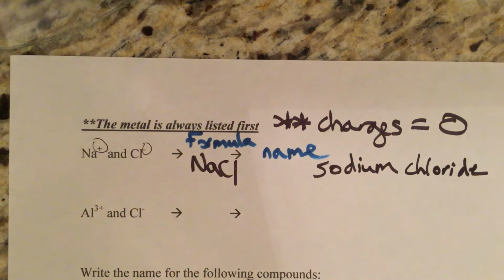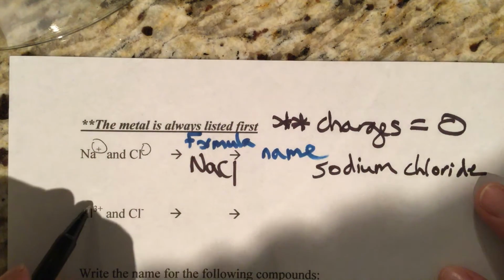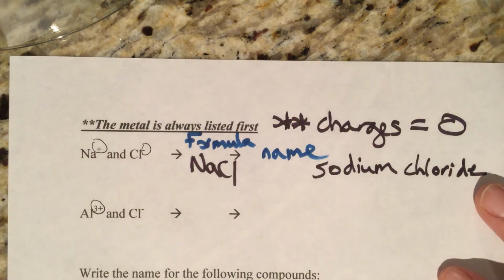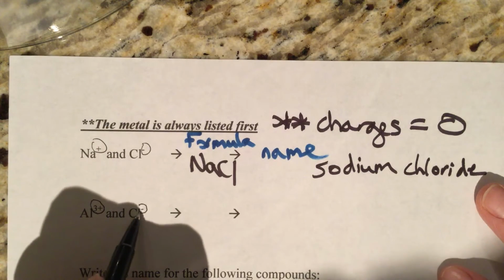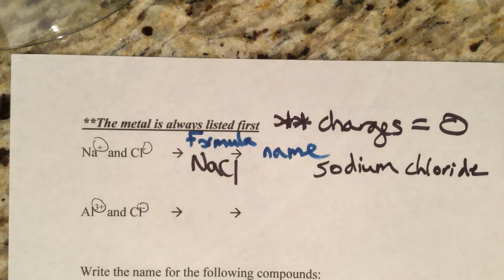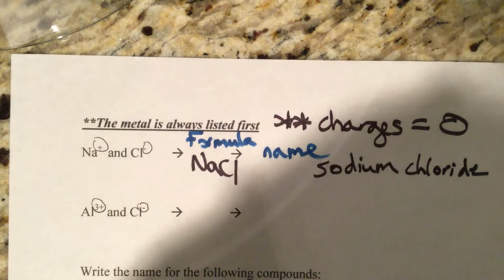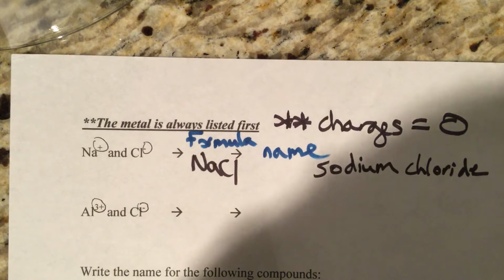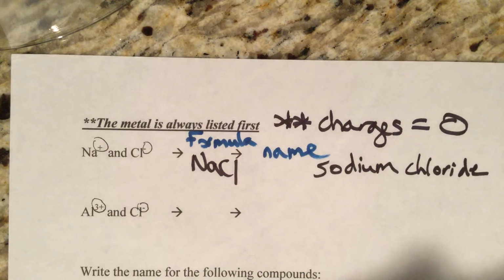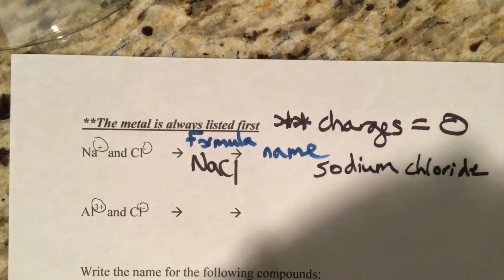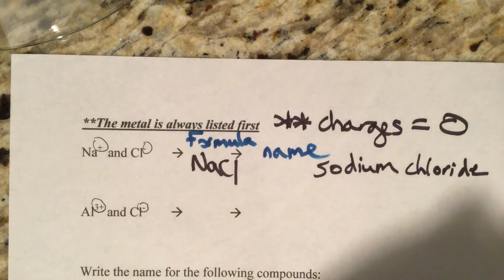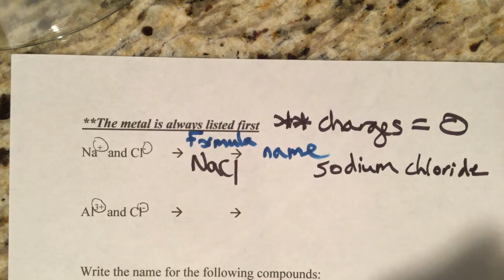Now, next thing, okay? I have a +3, but I only have a -1. So a +3 minus 1, we're looking at 2. We're not looking at 0. So what we need to do, we need to have a total of 3 minus to balance out that 3 plus. 3 plus minus 3, there we go for our 0.